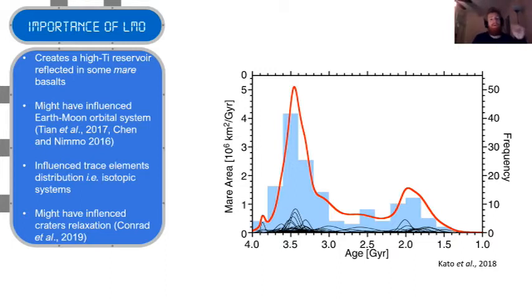Another influence it might have, and I find personally that's really fascinating, is that the evolution of the Earth-Moon orbital system can be coupled with the evolution of the internal thermal state of both the Earth and the Moon, in particular of the Moon. According to the models of Moon formation, the Moon formed much closer to the Earth than it is today, which means that the orbital parameters of the Earth-Moon system have evolved through time.